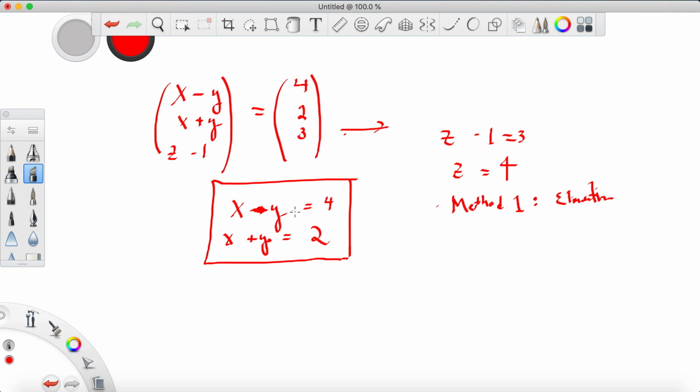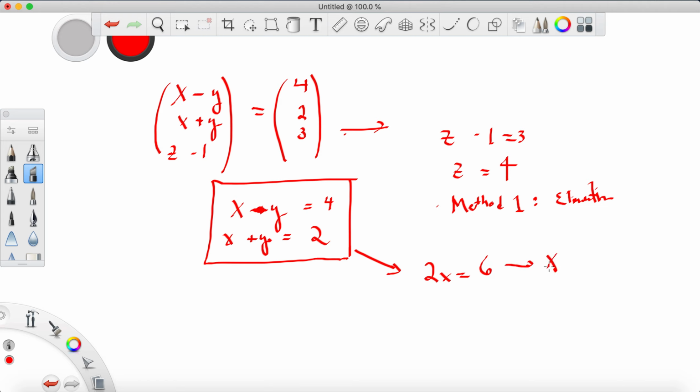So in elimination, we're going to add these two equations together so that y gets destroyed. So you should have 2x equals 6, right? Because negative y plus y, that's 0y, and then x and x is 2x, and 4 and 2 is 6.